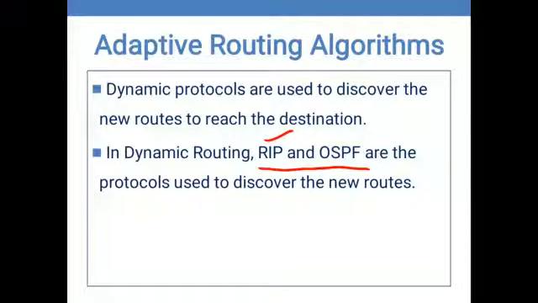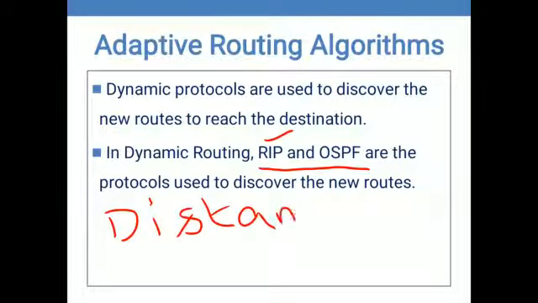RIP means Routing Information Protocol. Based on the routing information, one protocol was discovered, and that Routing Information Protocol is the best example for the distance vector routing algorithm.